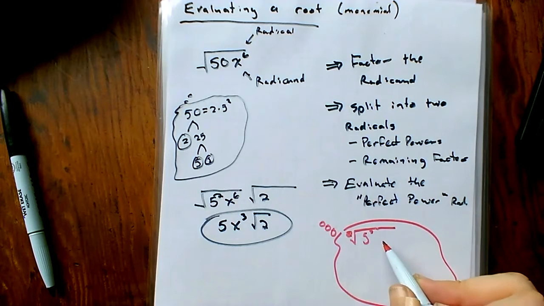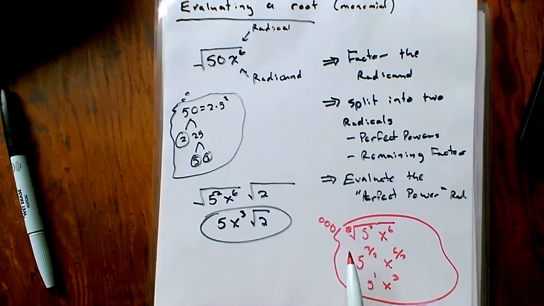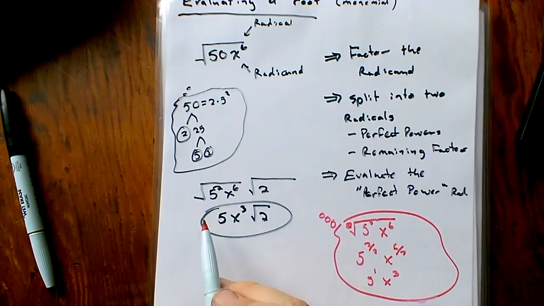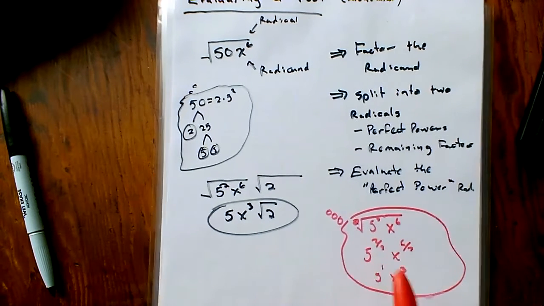It's not usually written on the square root, but it is implied. This is 5 to the 2 over 2, and then x to the 6 over 2. This is 5 to the 1st, x to the 3rd. So we're just dividing these powers by the index of the radical. In this case, it's a square root, so my index is 2. If I were to do this with a cube root, I would be dividing these powers by 3.